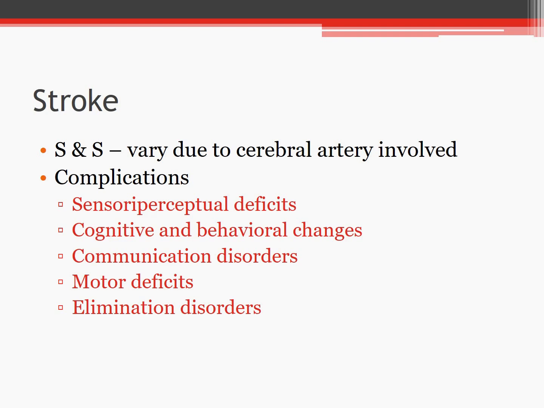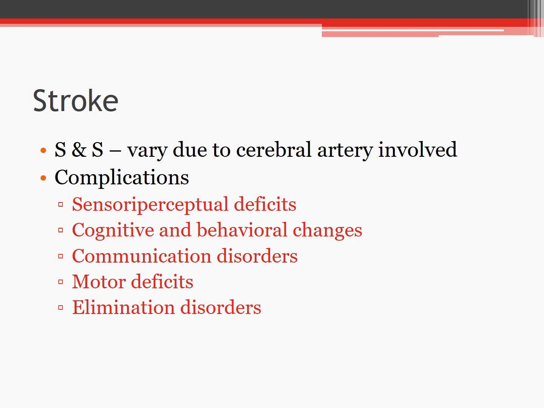What do we know? We know that because of the way that the brain is set up, there is what we call a contralateral effect. So if someone has a stroke on the left side of the brain, the right side is going to have motor disturbances. And if someone has a stroke on the right side, then they're going to have their motor disturbances on the left side.